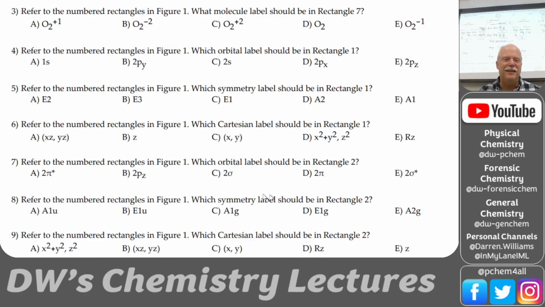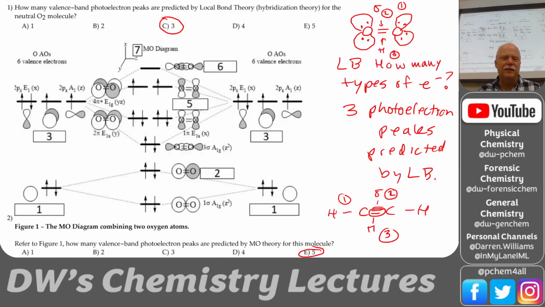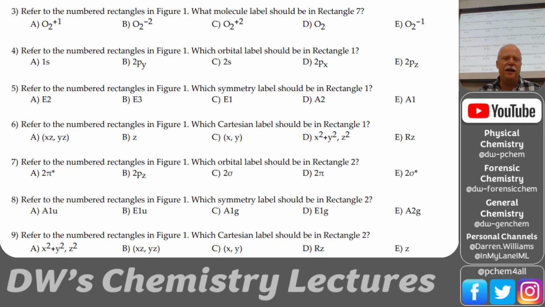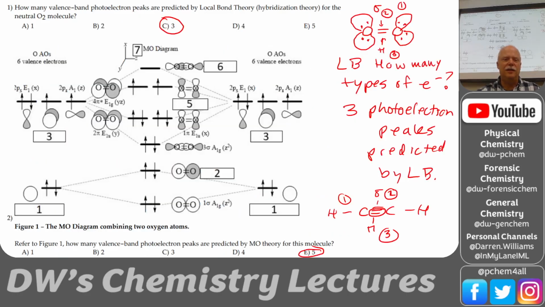Okay, all right, so let's see. Refer to the number of rectangles in figure 1. What molecule label should be in rectangle 7? Rectangle 7 is a blank MO diagram. So it's just asking you, is this oxygen? Is it oxygen cation, oxygen anion? So we're looking at the number of electrons.